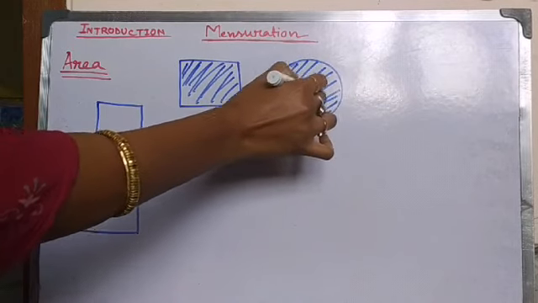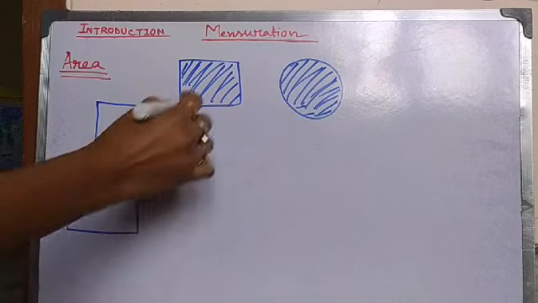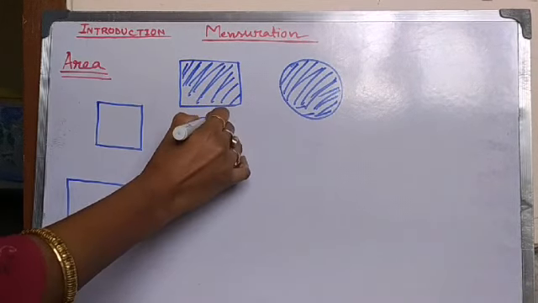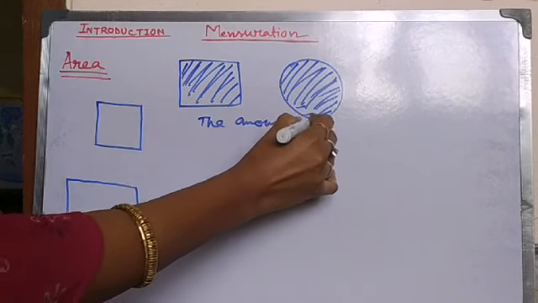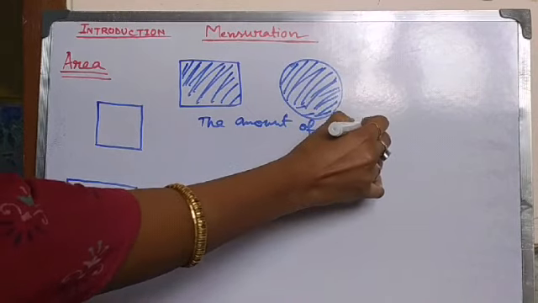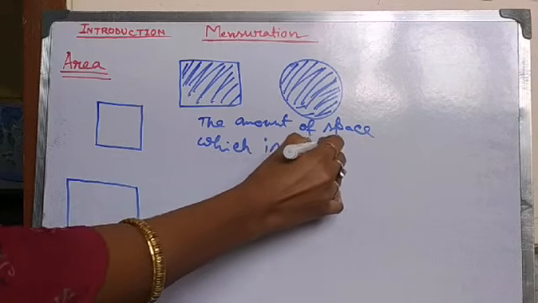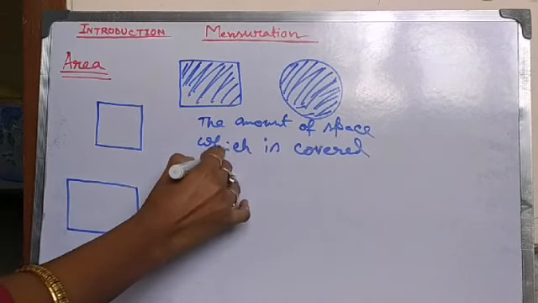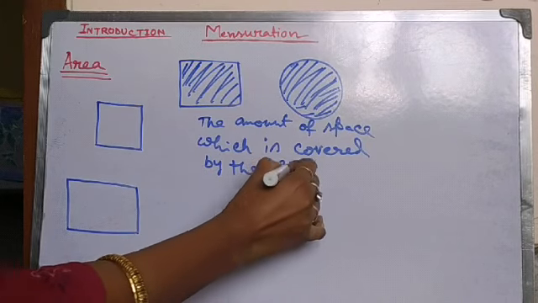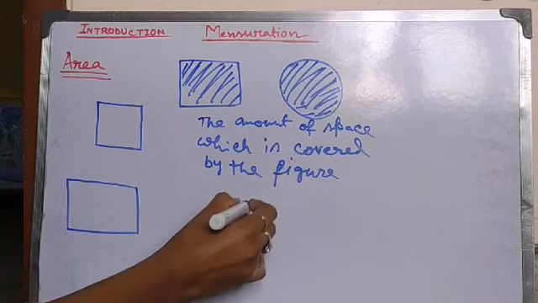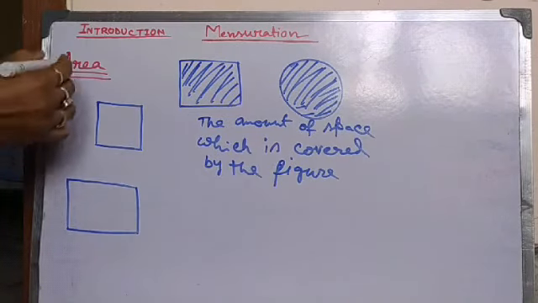This space is covered by the circle, so this is the area of the circle. That means the amount of the space which is covered by the figure, 2D figure, that is called area.